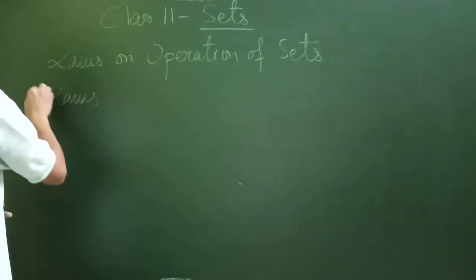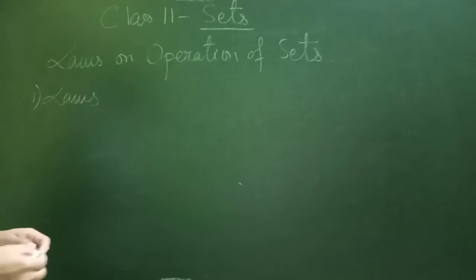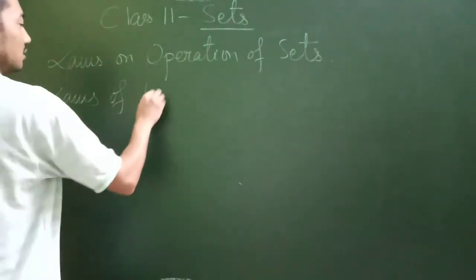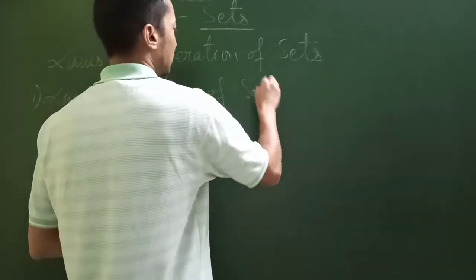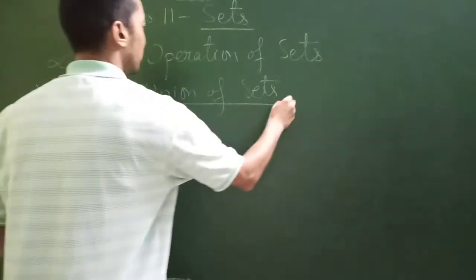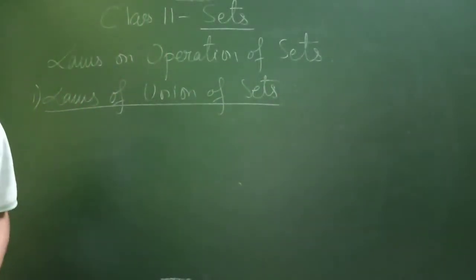Number 1: laws of union of sets. Please quickly get your notebook, rough book, pen, paper. I hope you're ready. Right now you can start noting down.